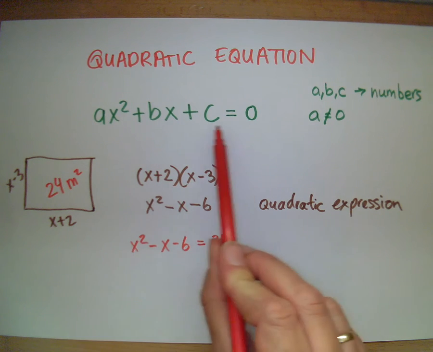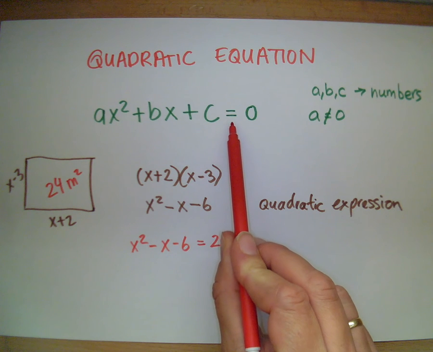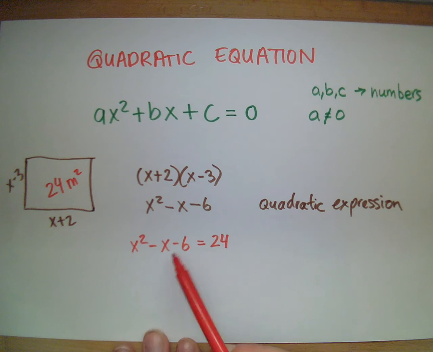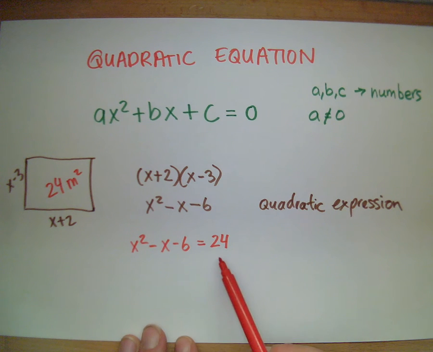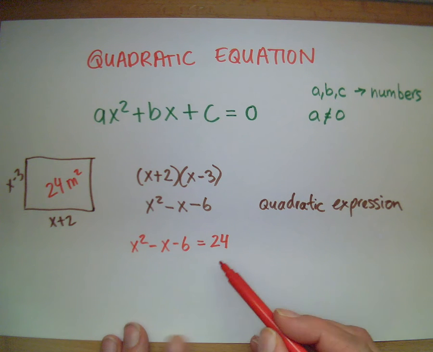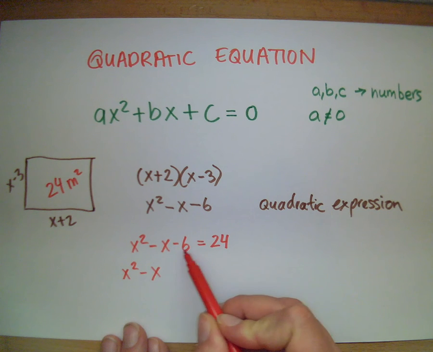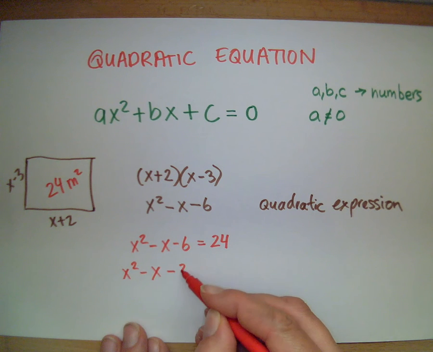And as you can see here, we want it to be set equal to 0. That just means I have to reorganize some stuff to get 0 on one side. And you notice how that is really easy. We combine that with the c value here. So we subtract 24 from both sides. Negative 6 minus 24 is negative 30.